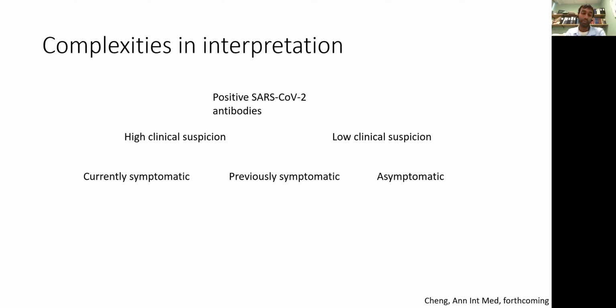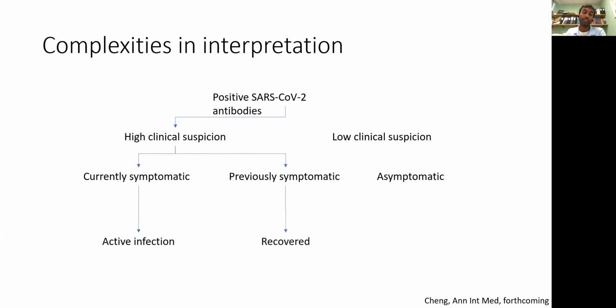And so going down the pathway of high clinical suspicion right now, if they're currently symptomatic, then it's probably safe to say that a positive antibody test will likely signify that the patient has an active infection, regardless of whether it's IgM or IgG, depending on the onset of symptoms, because both arise roughly at the same time early on.